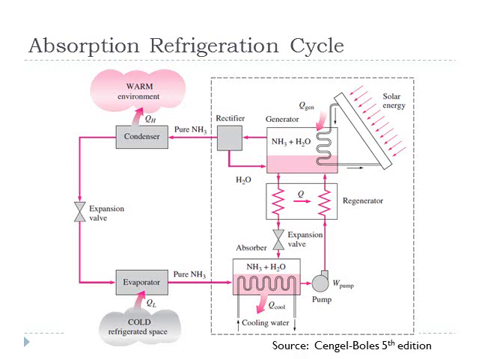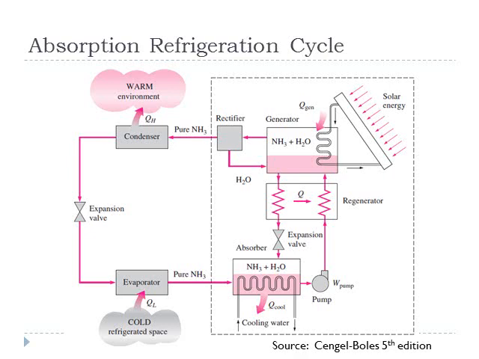And since the lean mixture of water and ammonia, which is coming from the generator to the absorber, is having some heat, this heat is exchanged in the regenerator and supplied to the rich mixture coming from the pump.